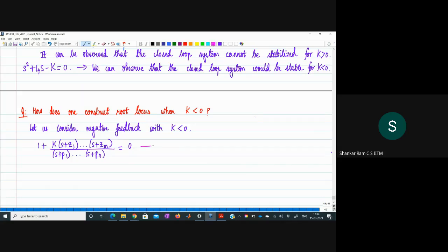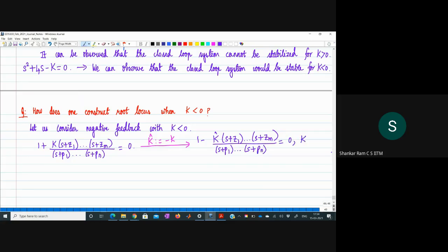So now what we do is let's define a variable k hat which is minus k. So then what do you think will happen? I will have this closed loop characteristic equation being converted to 1 minus k hat multiplying (s plus z1) all the way till (s plus zm) divided by (s plus p1) all the way multiplying (s plus pn) equal to 0.